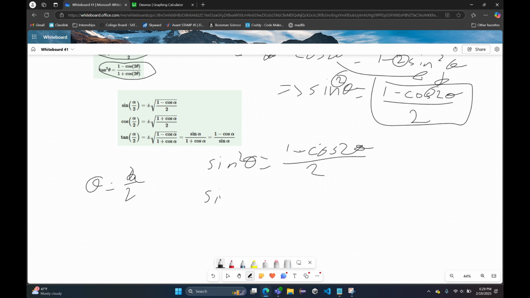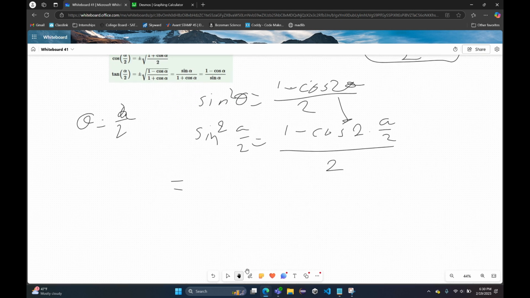So now we have sine squared A by 2 equals 1 minus cos times 2, and then theta is A by 2. This 2 comes down here, divided by 2, which just equals 1 minus cos theta divided by 2.